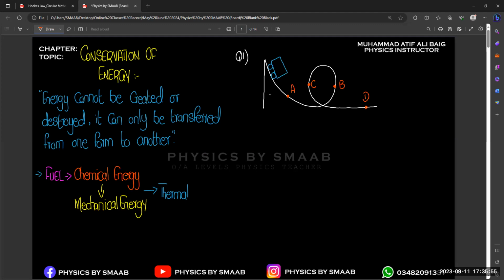So when this toy car starts to move from the top position, it will first move through point A, then points B, C, and D.